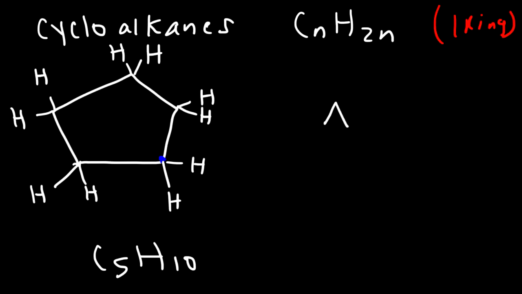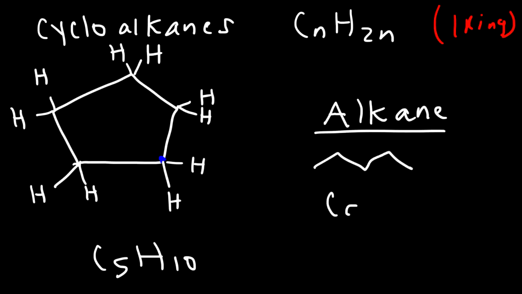Now let's compare this to a typical alkane, such as pentane. Pentane is C5H12, based on the formula CnH2n+2. So alkanes have the maximum number of hydrogens per carbon atom, and so they're saturated.